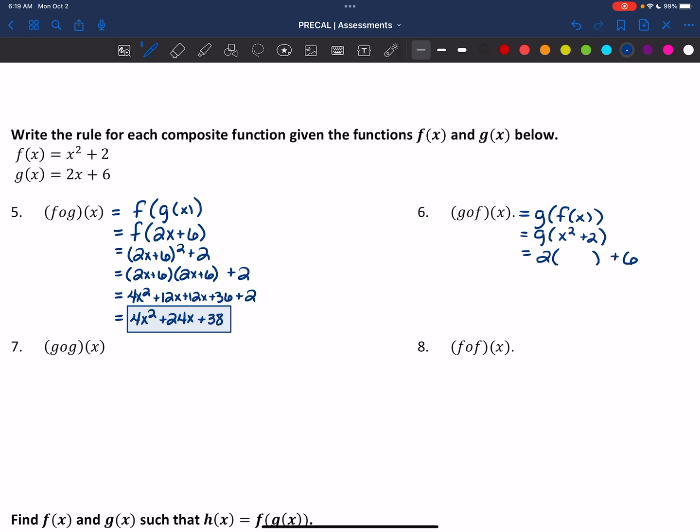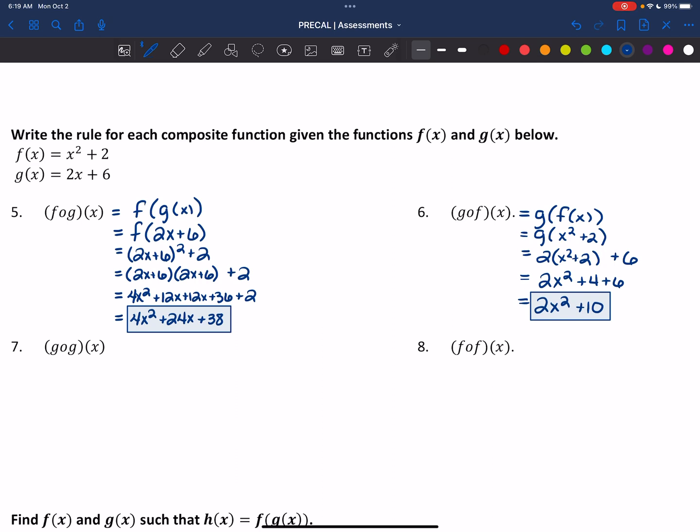So it's 2 times this input plus 6. All right, so just a little bit of distribution here. And then combining our like terms. And you can see that this result is very different from what we found for f of g of x.